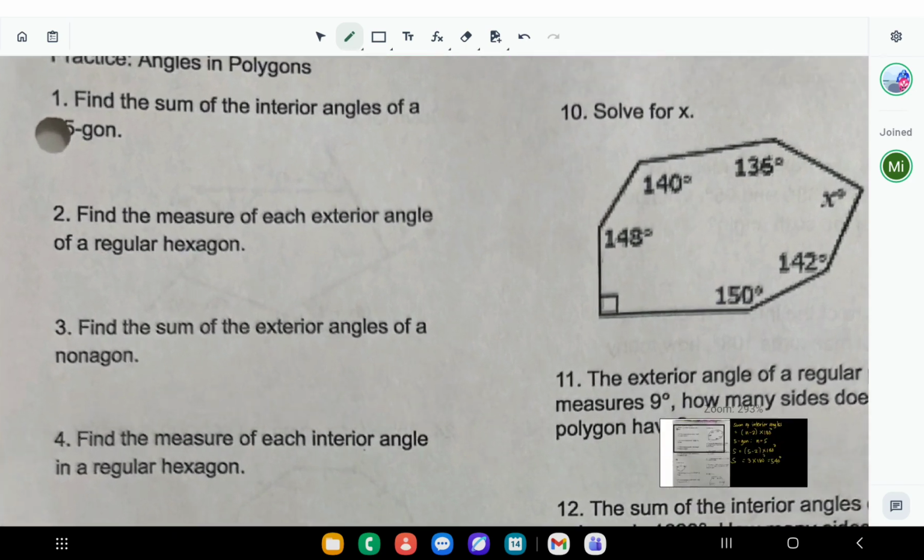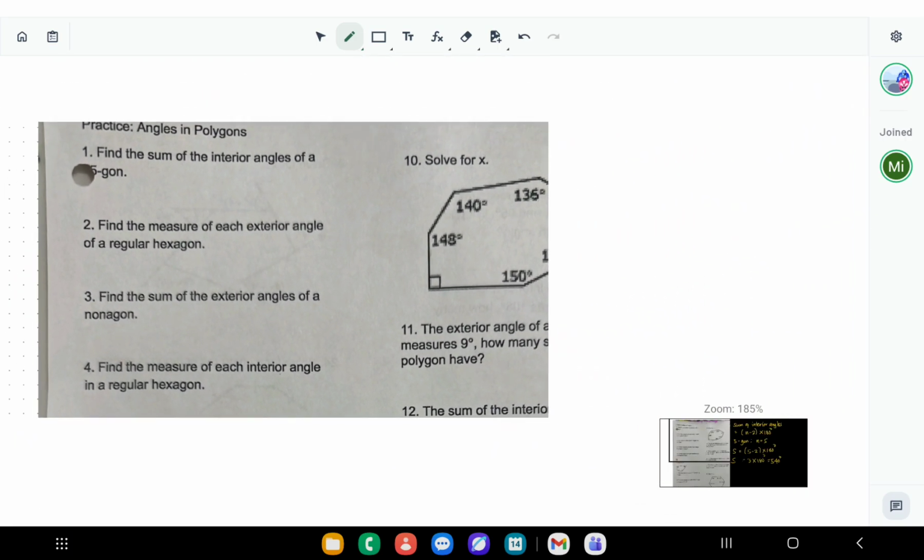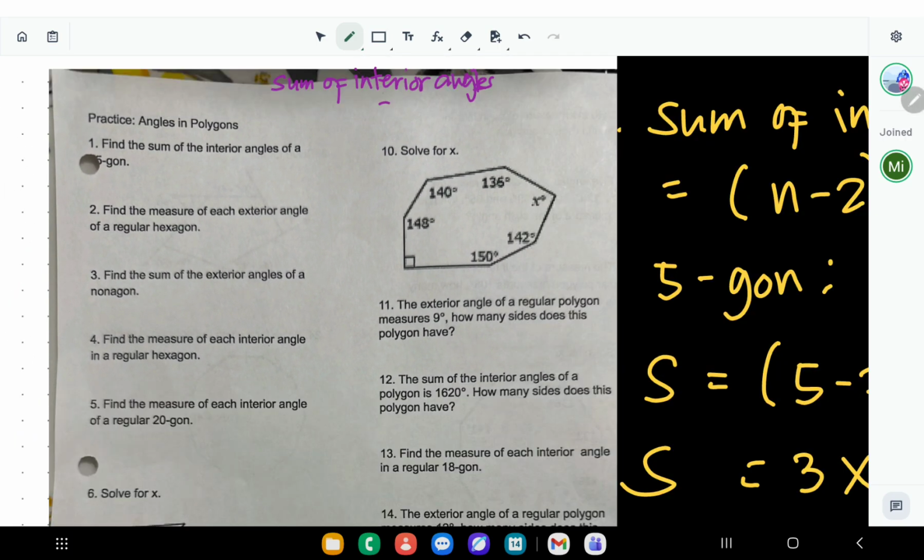Okay. The next one, number 2. No questions on the first problem? Find the measure of the exterior angle of a regular hexagon. So how do we find the exterior angle for any regular polygon?